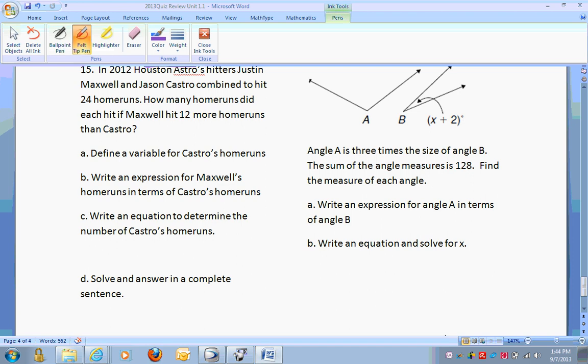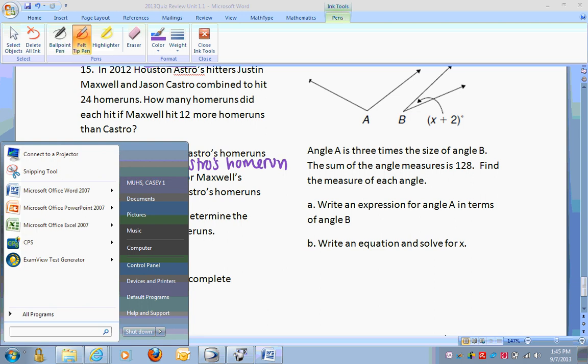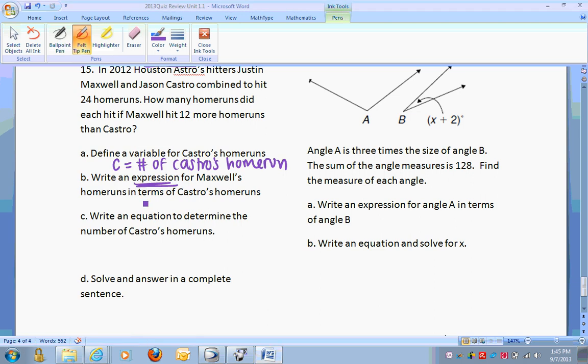Part A asks us to define a variable for Castro's home runs. So I'm going to define it as C equals the number of Castro's. On part B, they now want us to write an expression for Maxwell's home runs in terms of Castro's home runs.